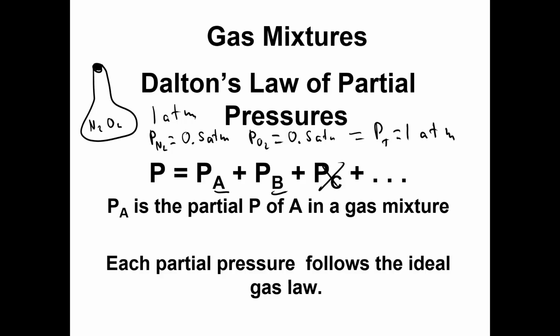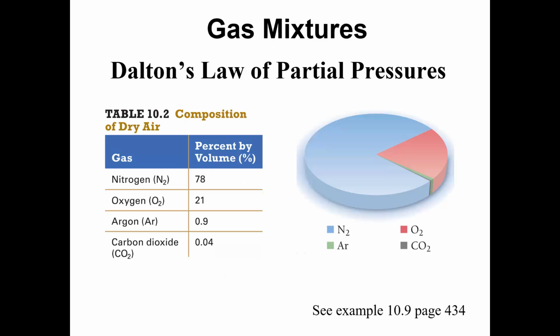We can take that even further. The partial pressures here are also related to their percents. This is just to show you the air is made up of 78% nitrogen, 21% oxygen roughly, and then you've got all the other gases in there, argon and carbon dioxide and some other gases.